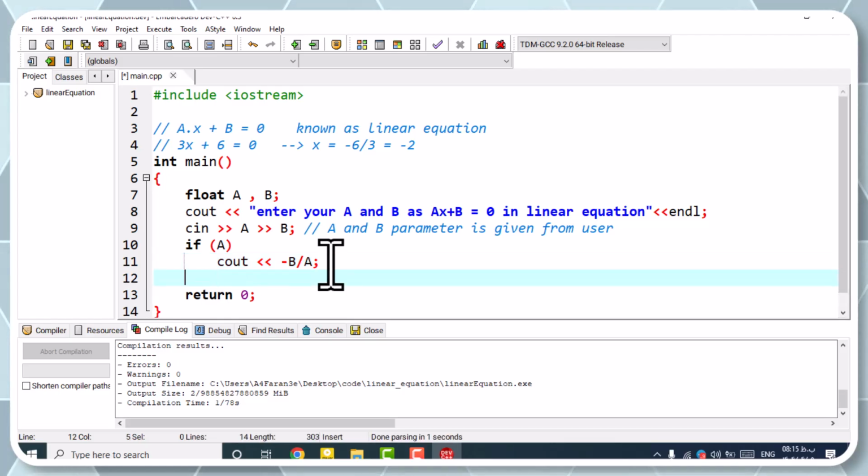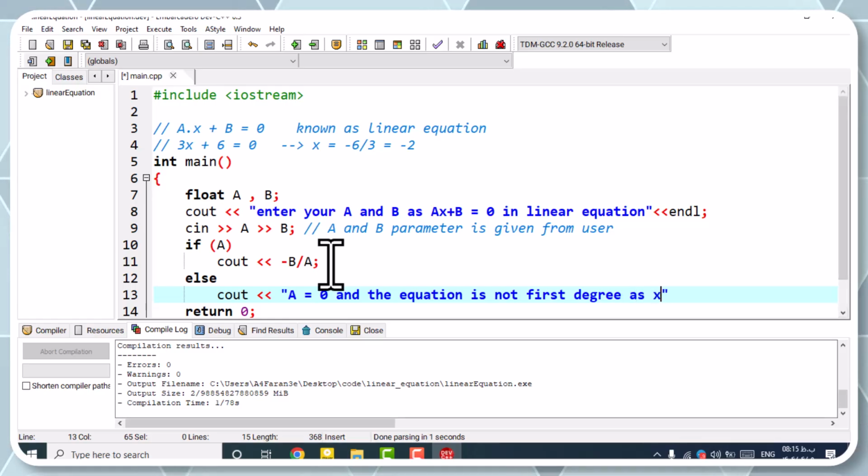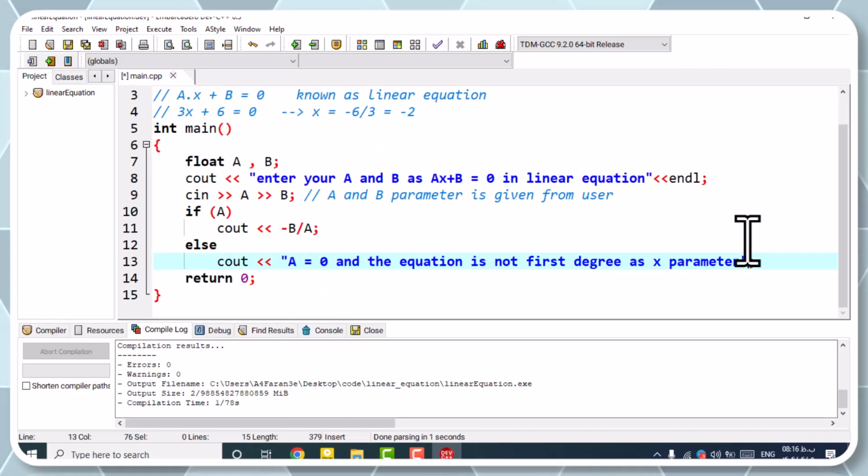And else, it means that if A is equal to 0, we can write that A is equal to 0 and the equation isn't linear or first degree as x parameter. And endl. Here we can write also endl.